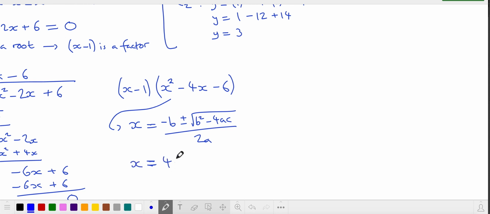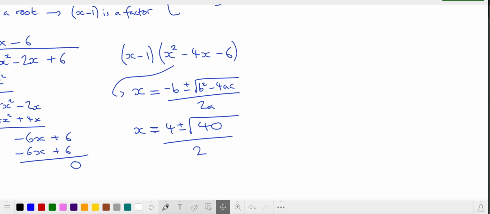Minus b is 4, plus or minus square root of the discriminant, b squared is 16. 4 times 1 times minus 6 is minus 24. So 16 minus minus 24 is 40, over 2a, 2. So x is 2 plus or minus root 40 over 2.